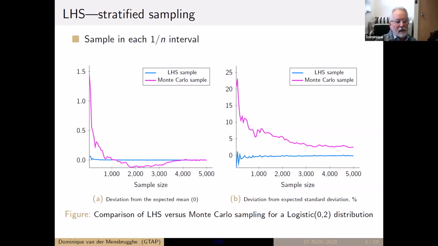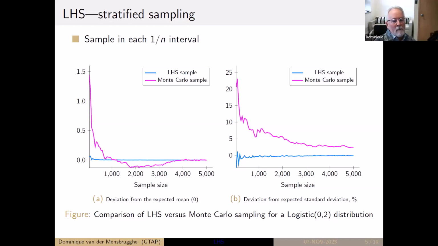On the left-hand side panel, you have the mean. The expected mean for this distribution is 0. And you can see when you do just standard Monte Carlo sampling, the mean at the beginning is very high, 1.5 or over 0.5. It's much closer when you're doing the LHS sampling for the small sample size, but there's still some deviation.